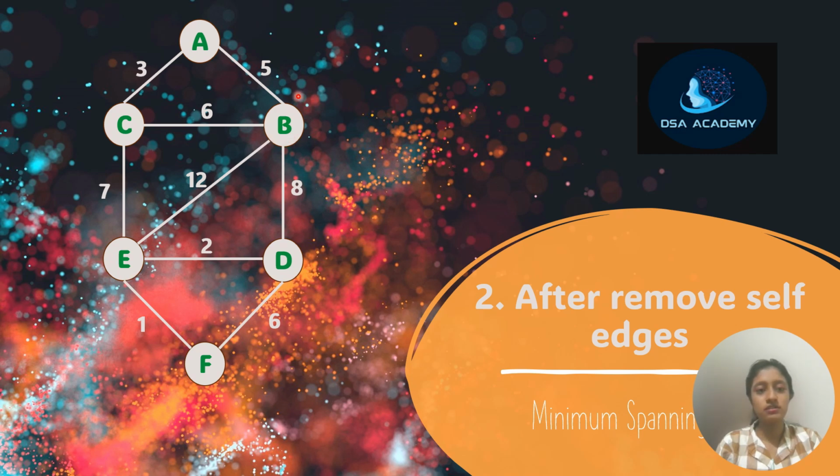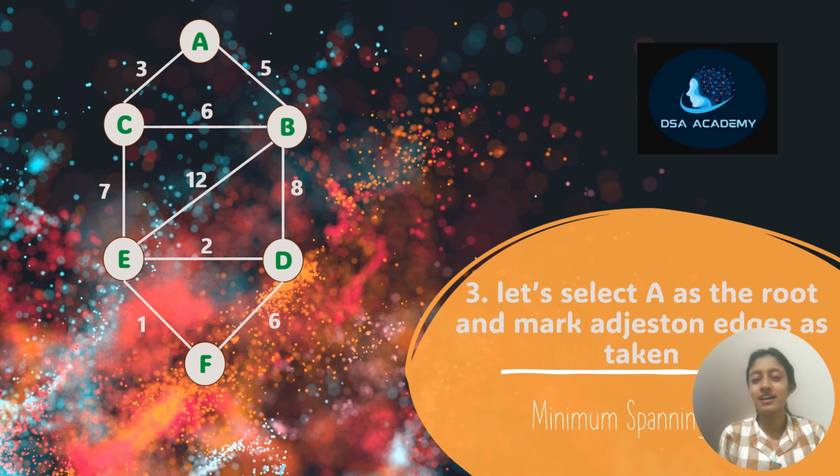Now all self-loops are removed. Okay. After removing the self edges, select any node as the root if the root is not given. Let's select A as the root and mark adjacent edges as taken.